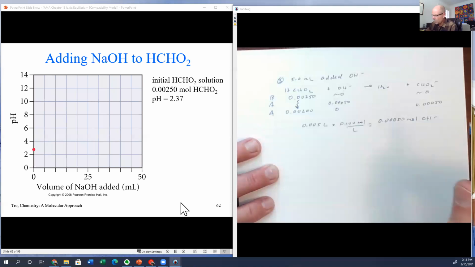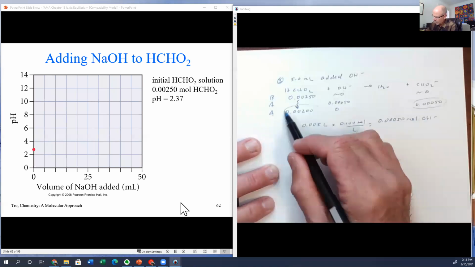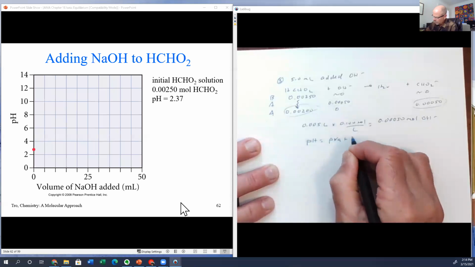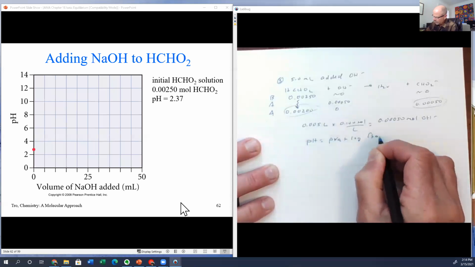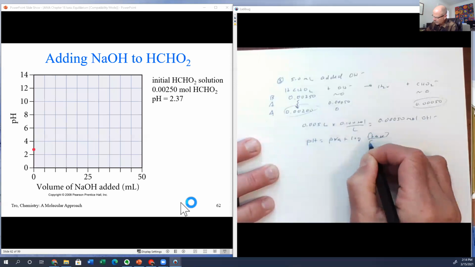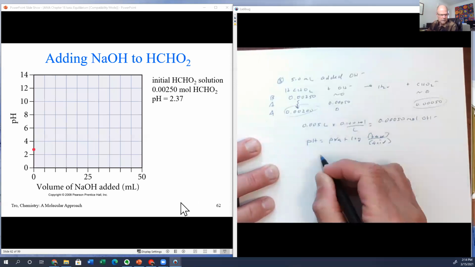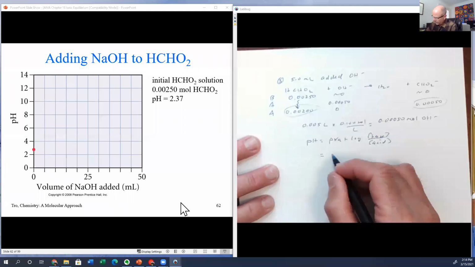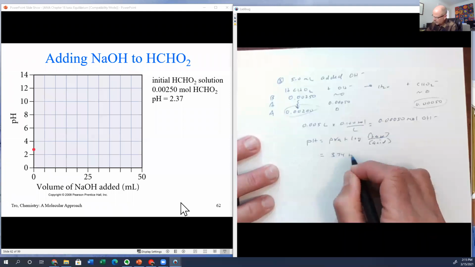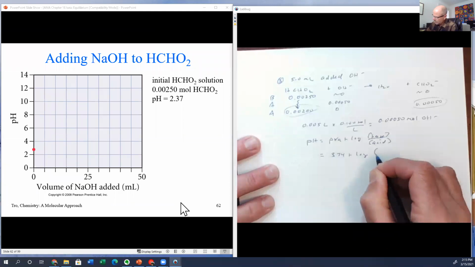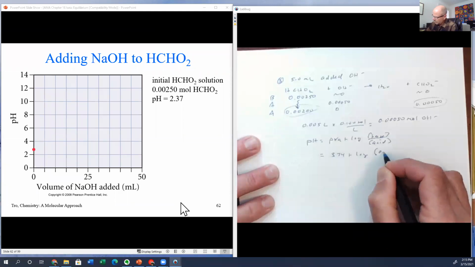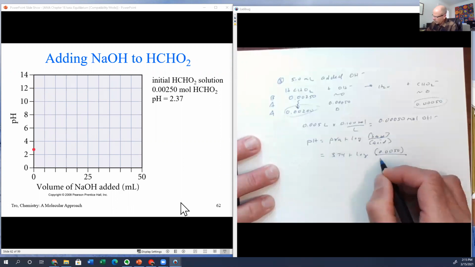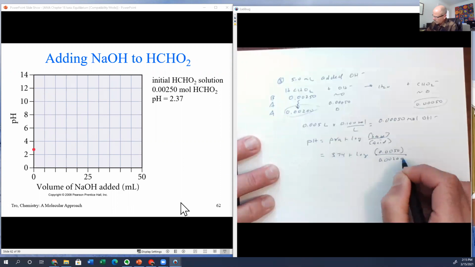So now I know my two buffer components, and I say, aha, Henderson-Hasselbalch: pKa plus log of base over acid. That equals 3.74 plus the log of the base, which is 0.0050 divided by 0.00200.